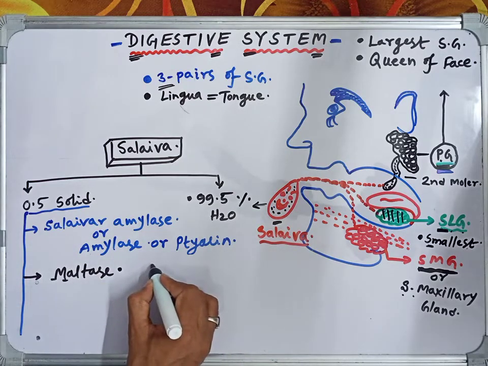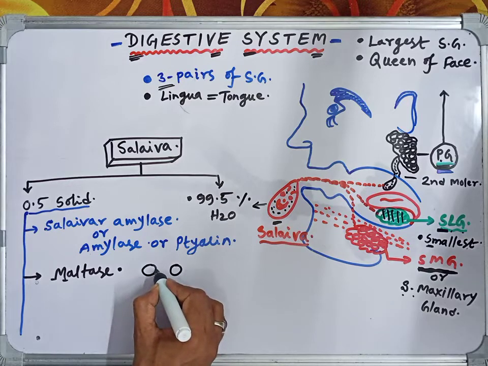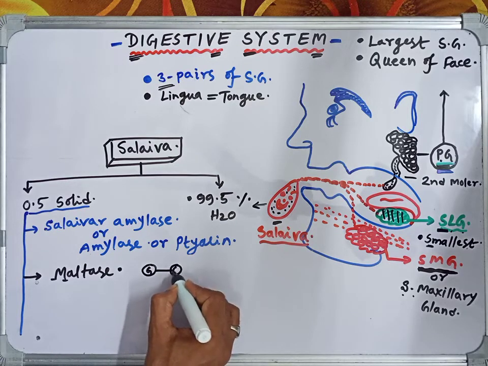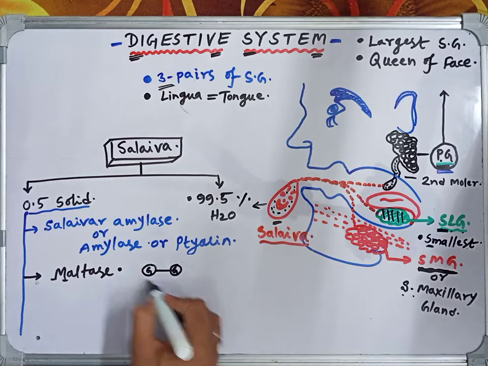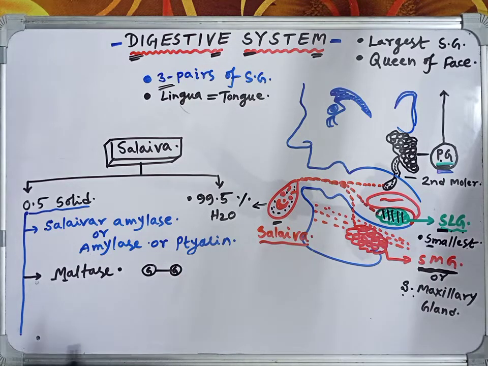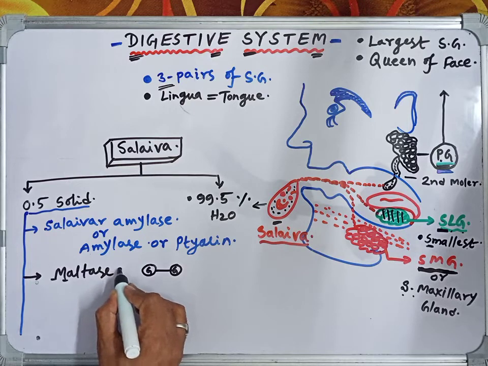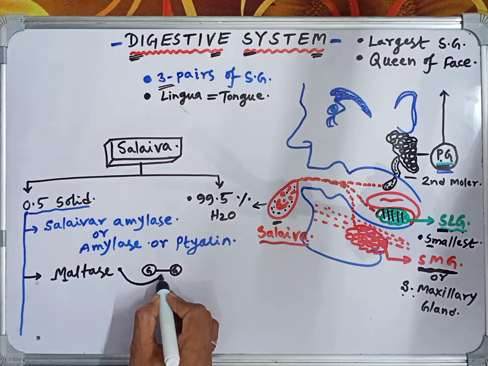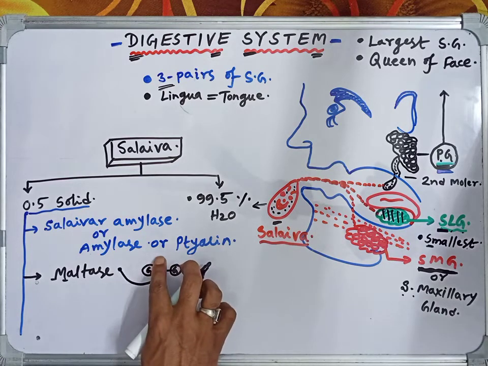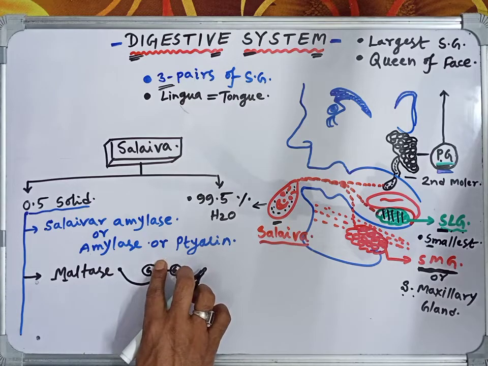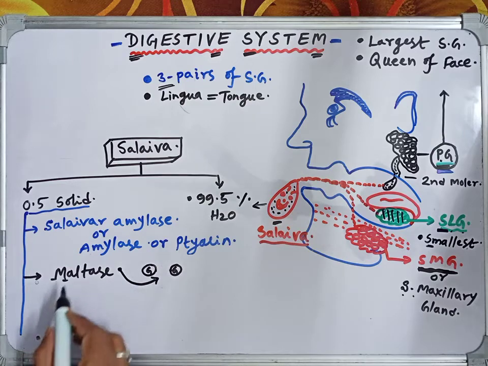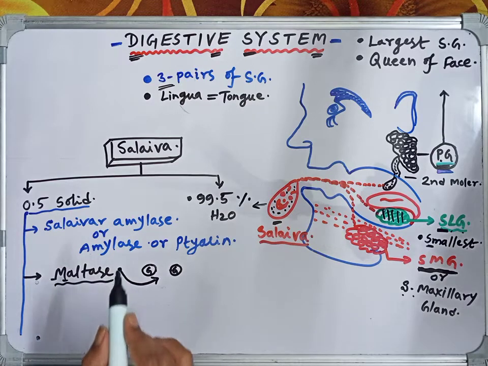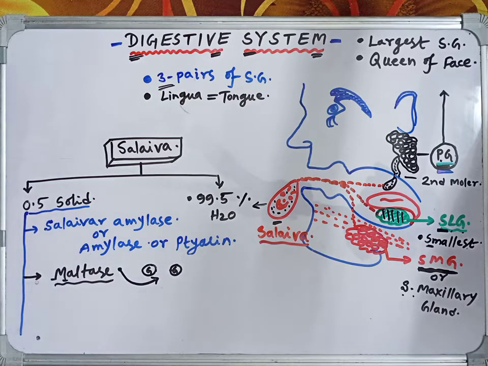Maltose is made up of 2 units of glucose, so maltose is a disaccharide. The maltase enzyme has the capacity to cut this bond, and maltose is converted into 2 molecules of glucose. That is the function of maltase enzyme on maltose.